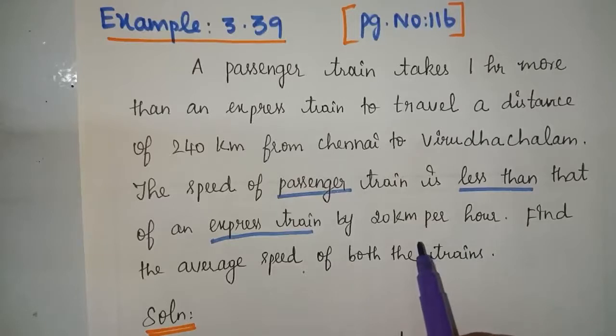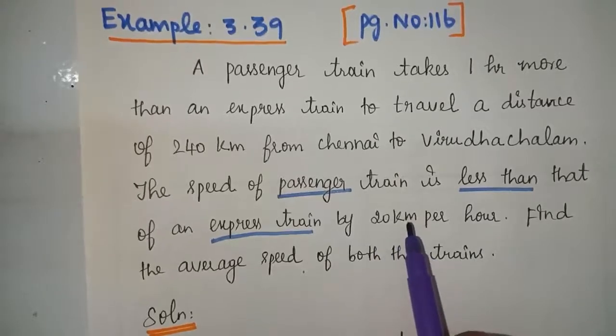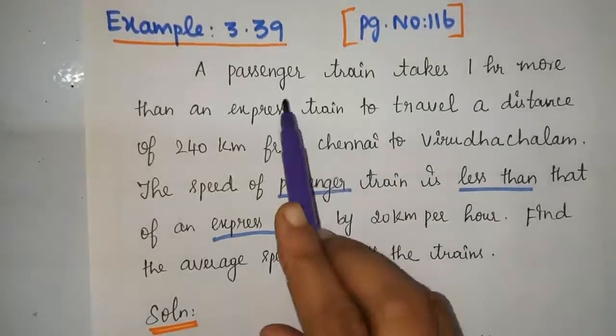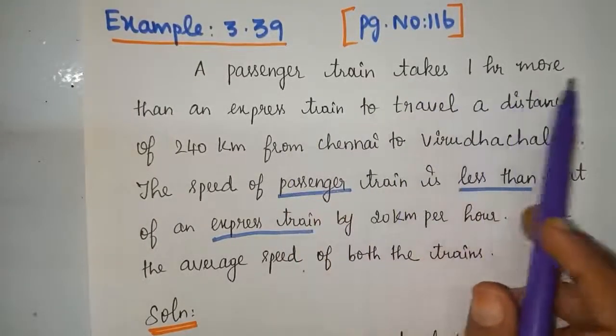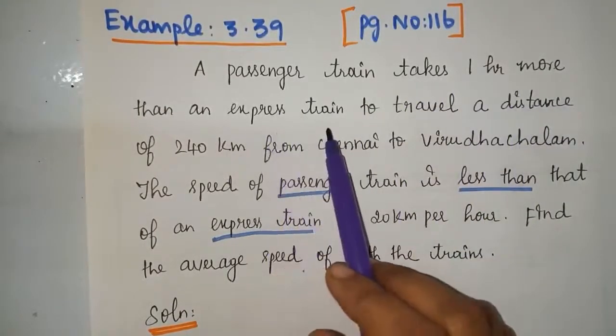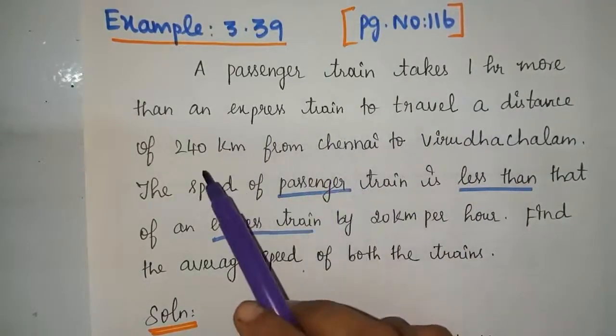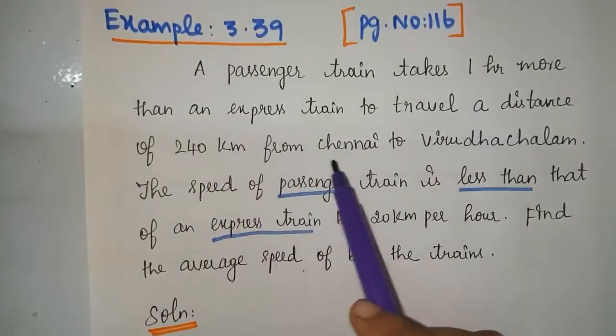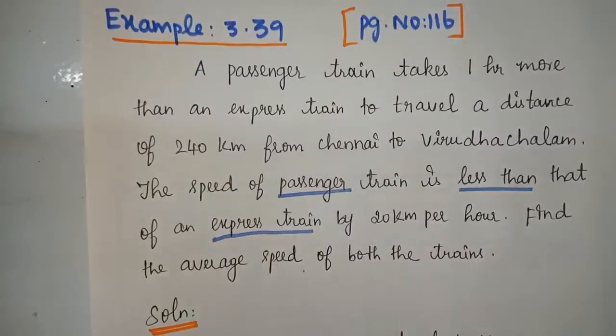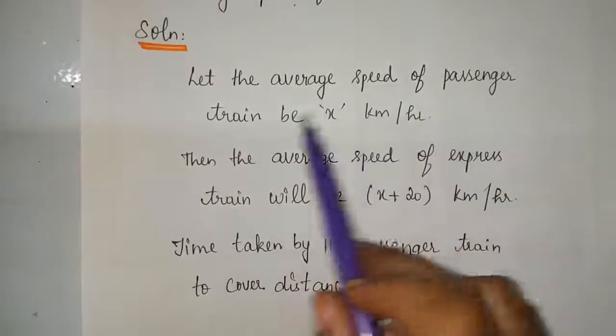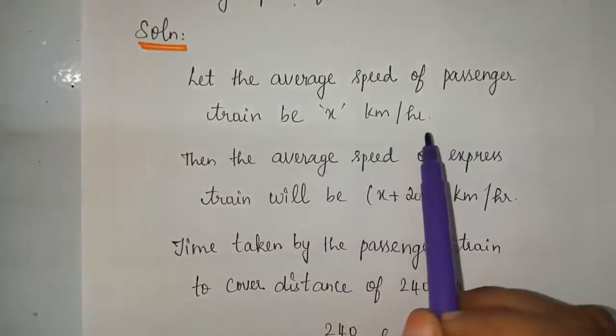So I have to find the average speed of both the passenger as well as the express train. The passenger train takes 1 hour more than that of an express train traveling the same distance of 240 km from Chennai to Virudhachalam. Solution: let the average speed of the passenger train be x km per hour.